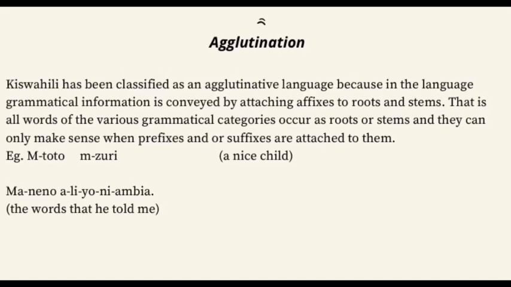So in this example, maneno aliyoniambia, where maneno is one word, the a is the subject prefix, the li is the tense, the yo is the object of the maneno, and then ni is the object prefix, and ambia are all written together. We will look at this in detail in our next class.